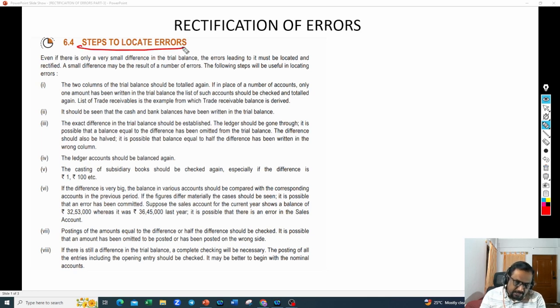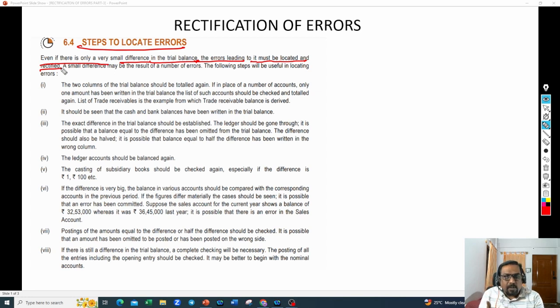Steps to locate errors. Even if there is only a very small difference in the trial balance, the errors leading to it must be located and rectified, irrespective of the difference.